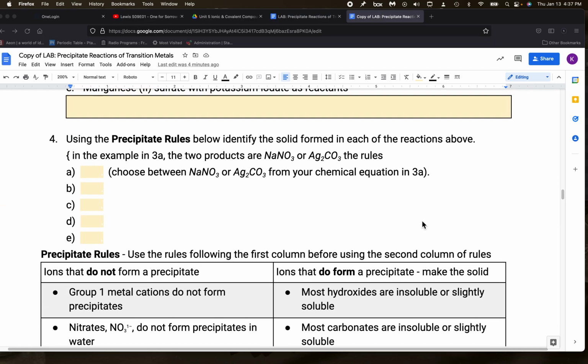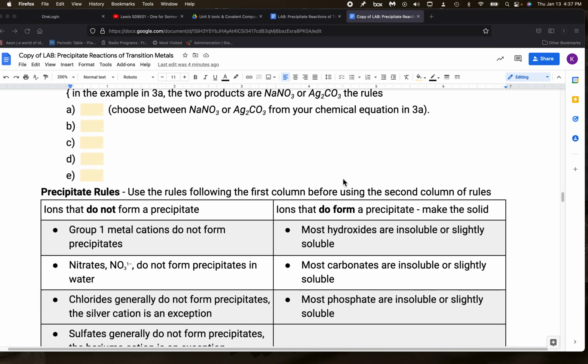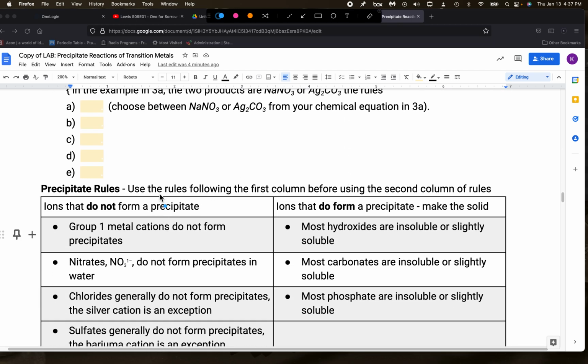Okay, and lastly, there are rules on this side for not forming a precipitate. This is the solid. So in the lab you made something, and that was a solid, and sometimes you didn't make something.